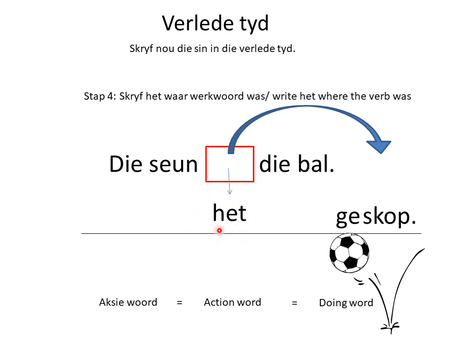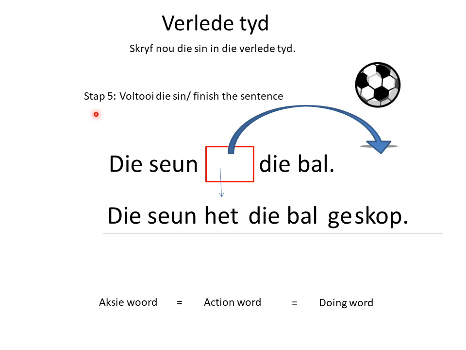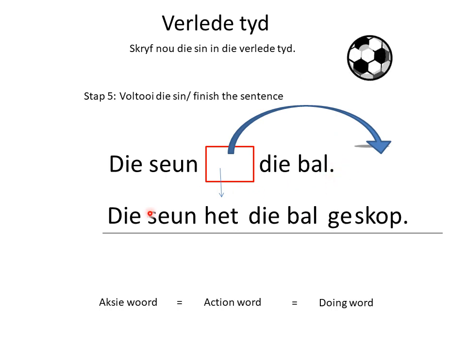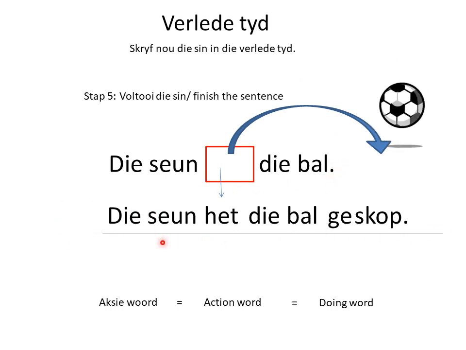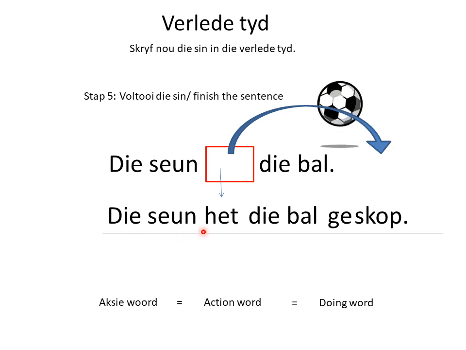So we are filling the hole with het. Step 5. Voltooi die sin. Now finish the sentence. We've done all of that. Now we just move the seun down and the ball down. Remove the full stop and we've got a complete sentence that is changed into past tense. Die seun het die bal geskop.